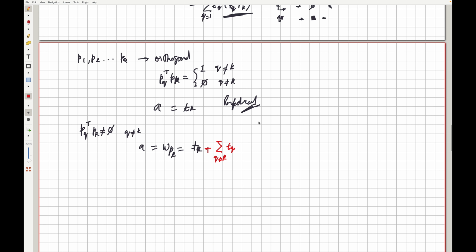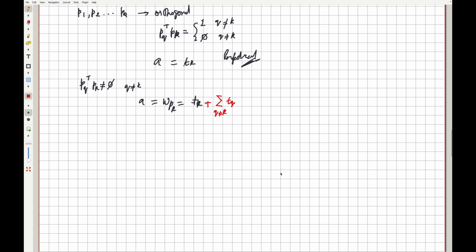That's what already exists in that matrix, and to that we add the dot product of PQ transpose PK. So this part right here is the error part or the interference part, and that blurs the output.